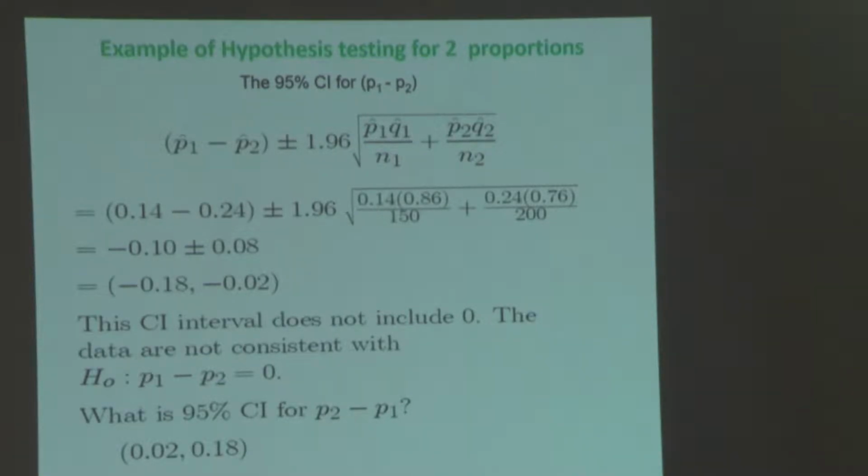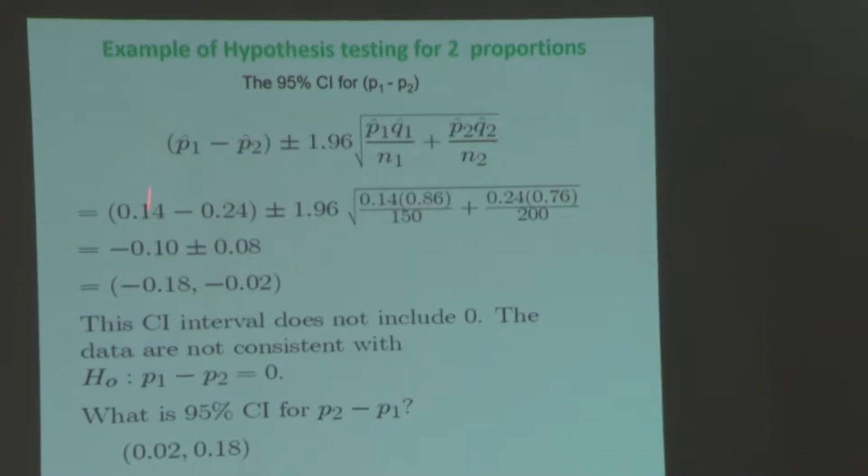We have two interpretations of the confidence interval that we saw earlier on. One is that if we repeat this study and sample from the same reference population using the same sampling technique and getting samples of the same size, in 95% of those samples, the difference in proportion will lie between minus 0.18 and minus 0.02.